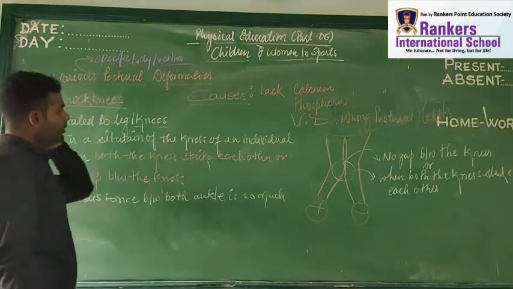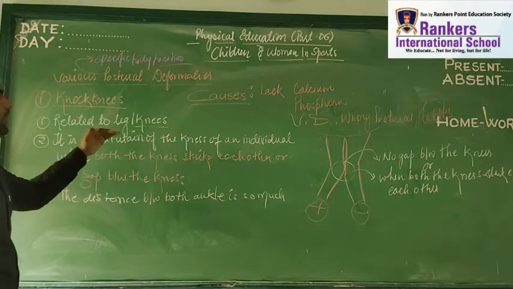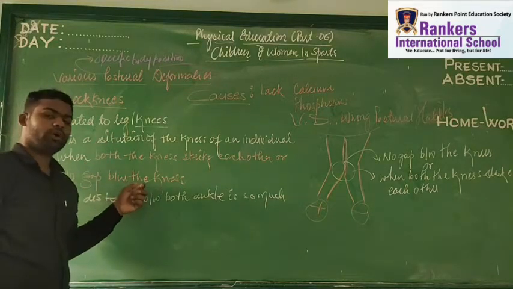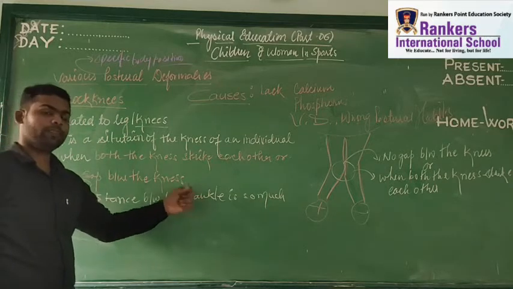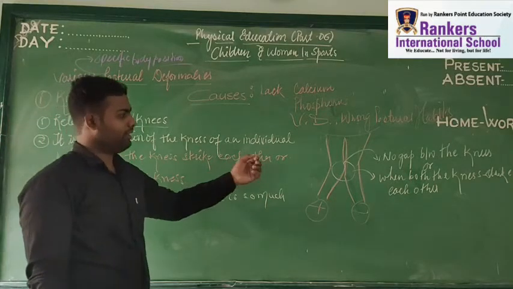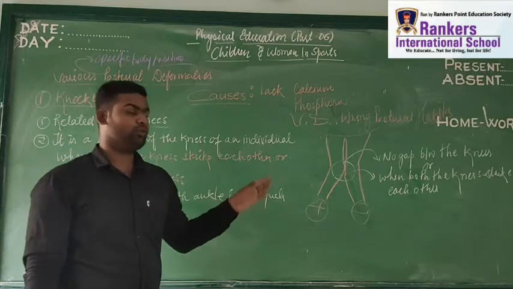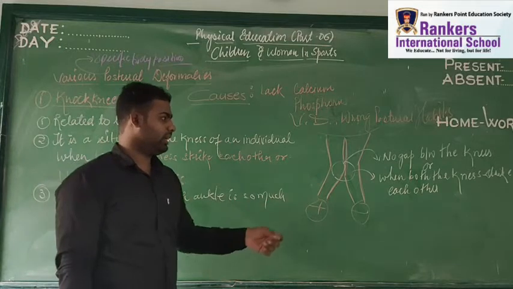So basically, knock-knee is a condition when the knees strike each other, alright? The knees strike each other and there is no gap between the knees, but there is a wide gap between both the ankles. This is the diagrammatic representation of knock-knee. You can make this kind of diagram so that you can explain in your board examination, right?